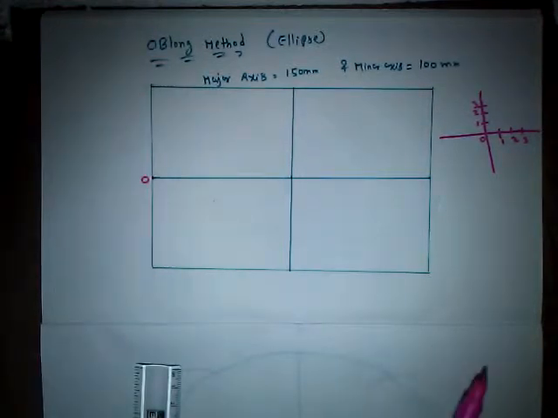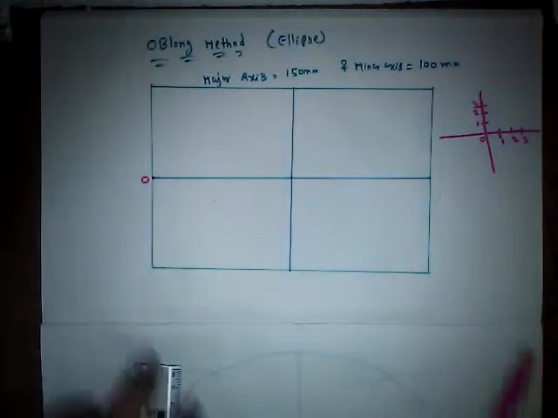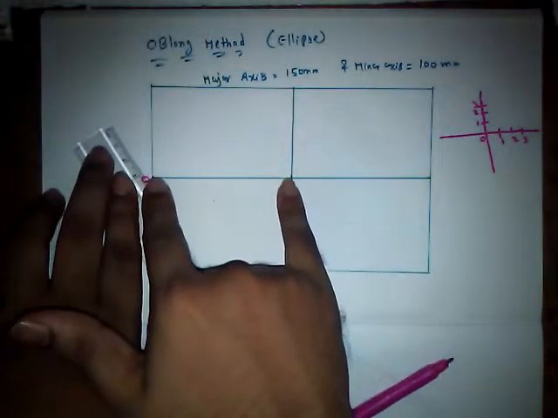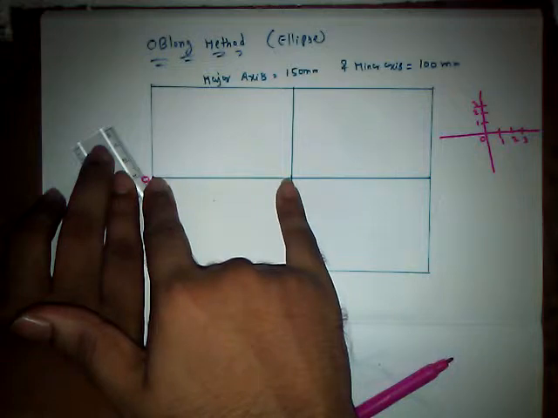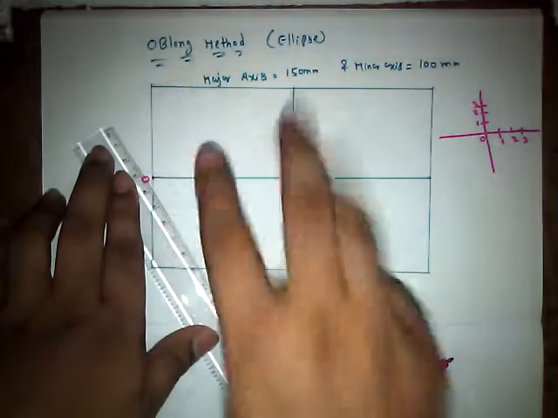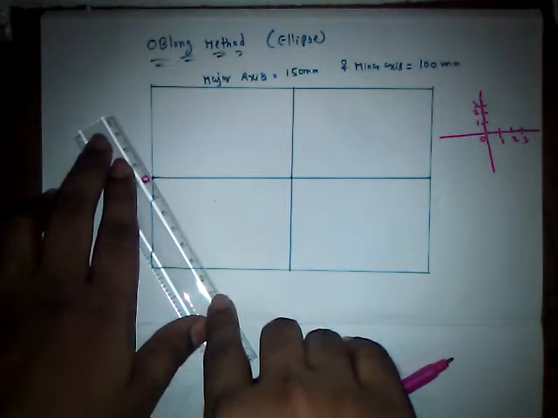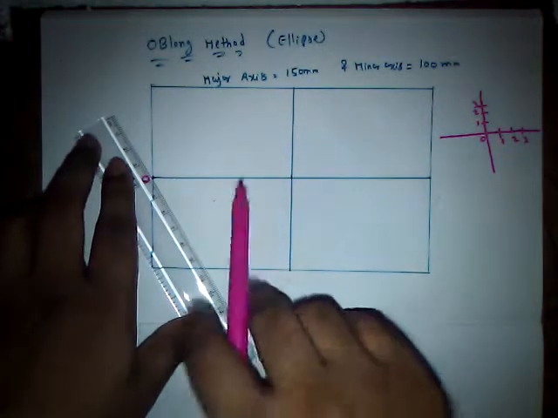So I will tell you the easiest method to divide things into equal number of parts. I wanted to get 3 points over here. That is, I wanted to divide this x-axis and y-axis into 4 parts. 4 parts in the sense I need 3 points.